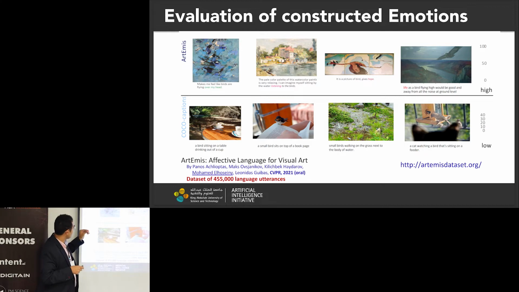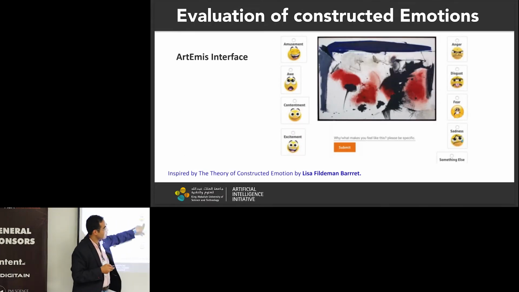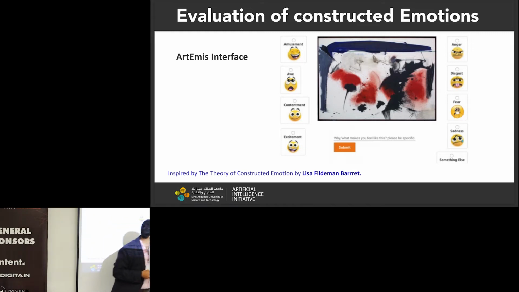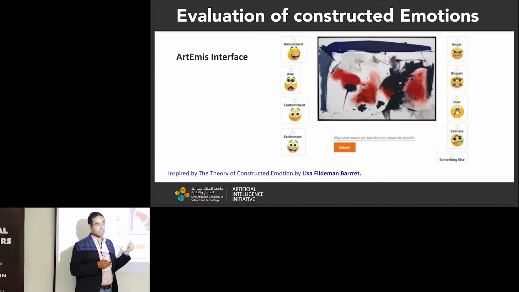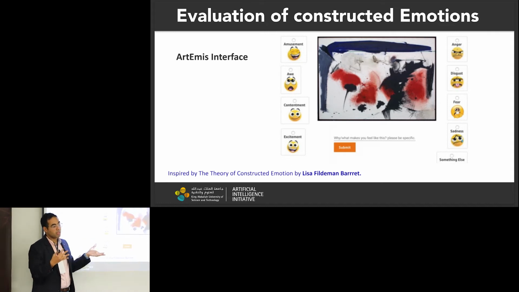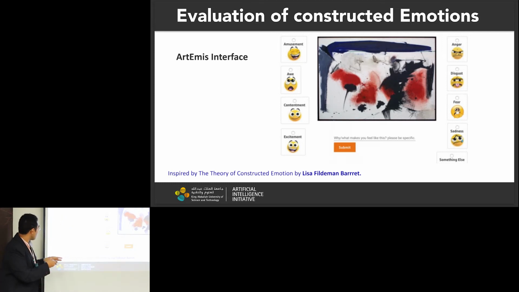We collected a dataset on artwork where we asked people how they feel about this art piece, and then they make a choice if they feel amusement or contentment, disgust, fear, etc. And then we ask them to write a sentence on why they felt that way. We chose paintings because paintings and artworks are designed to construct emotional experiences for people by design, right?